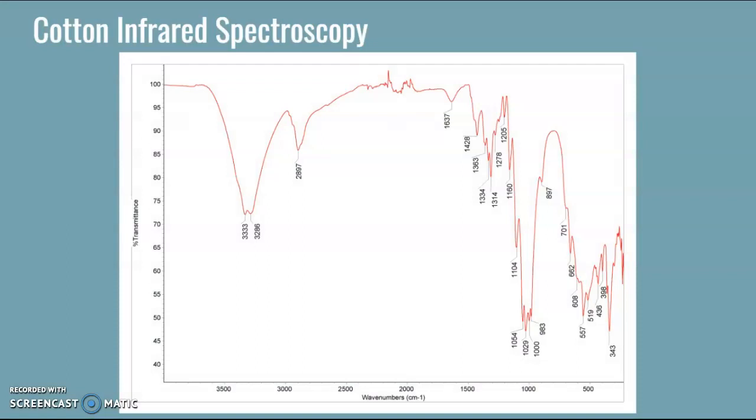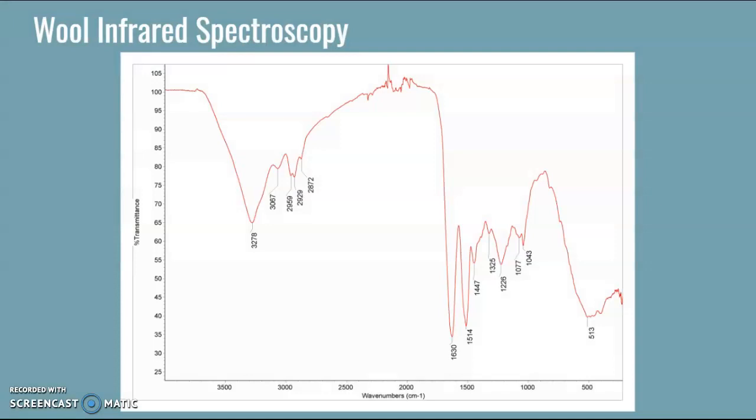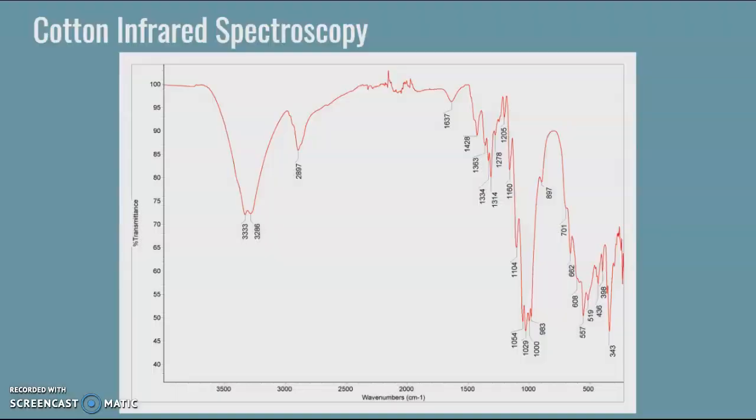Here is a graph that was created when we did an infrared spectroscopy on cotton. So these are the absorbency bands that we're talking about. Different types of fibers are going to have different infrared spectroscopy graphs. So here's wool, which is definitely different than cotton, right?